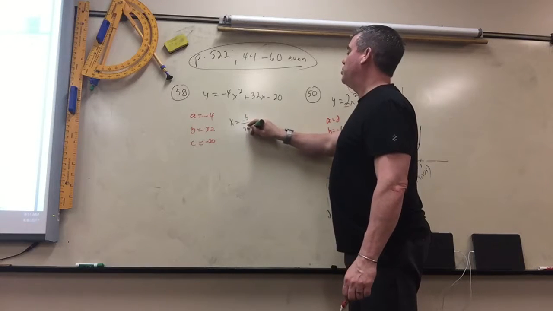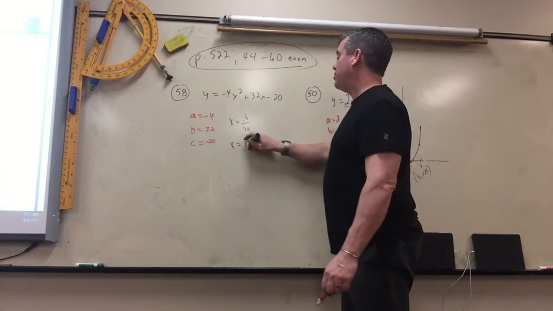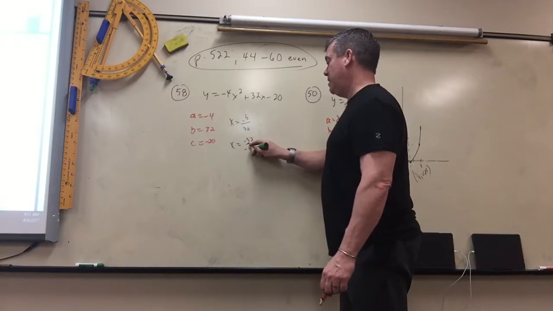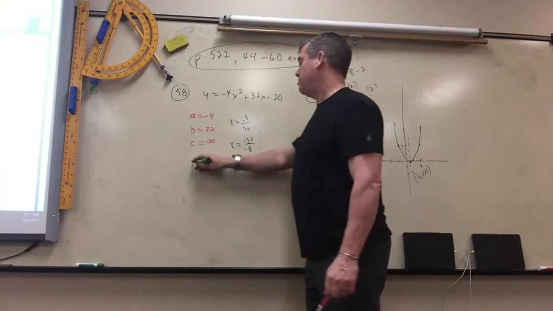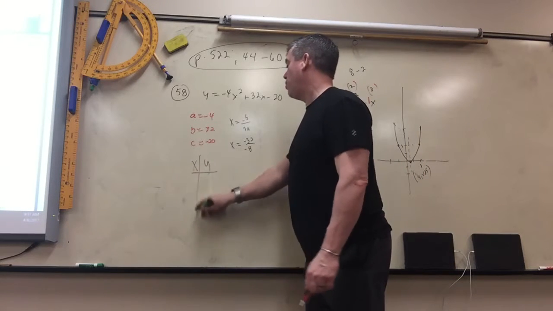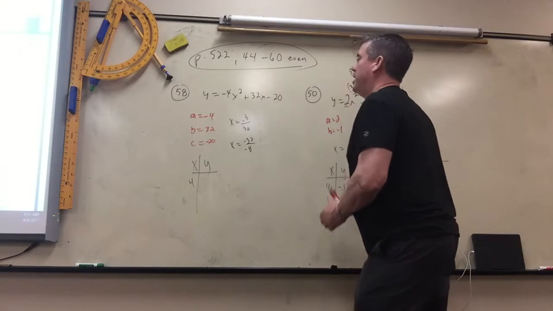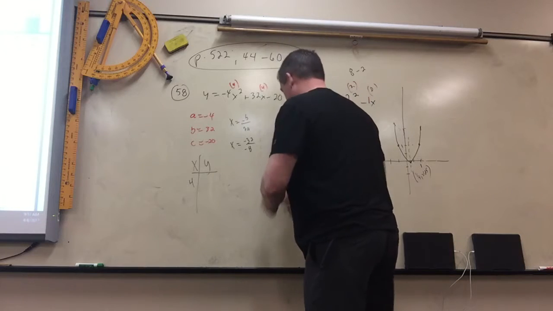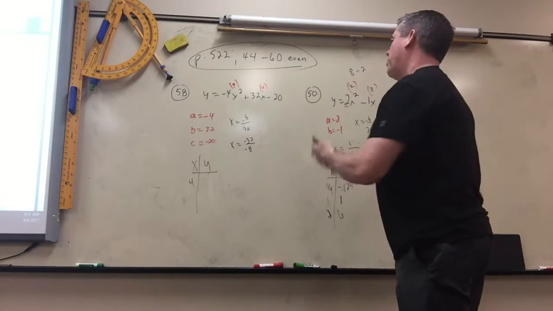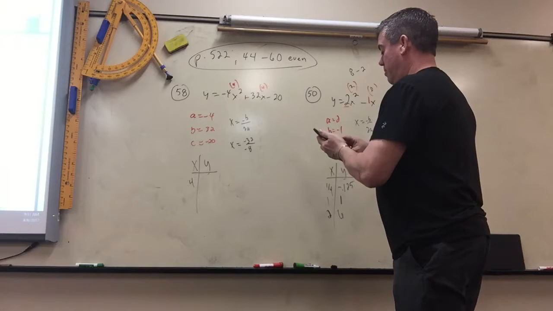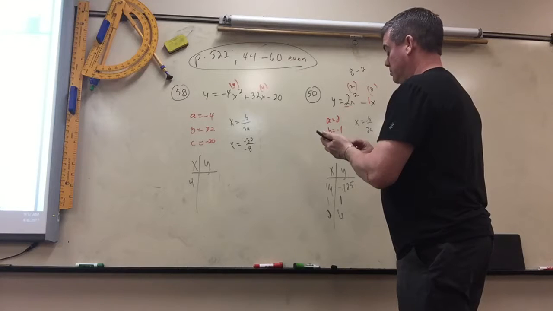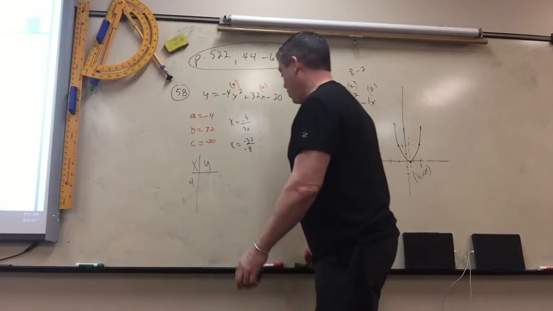So negative B over 2A is -32 over 2 times -4, which is -8. So that simplifies to 4. So then we gotta plug 4 in here. And I get 44.